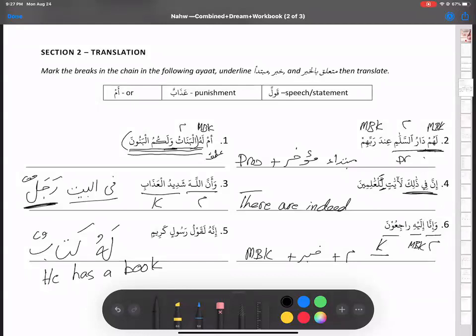But over here, we are not talking about mubtada. Mubtada is muqaddam over here. We are just talking about MBK and khabar. The normal order is that we have mubtada, then khabar, and then MBK. But over here, you see that this MBK is before khabar. So Allah subhanahu wa ta'ala is highlighting that our return is towards him only.